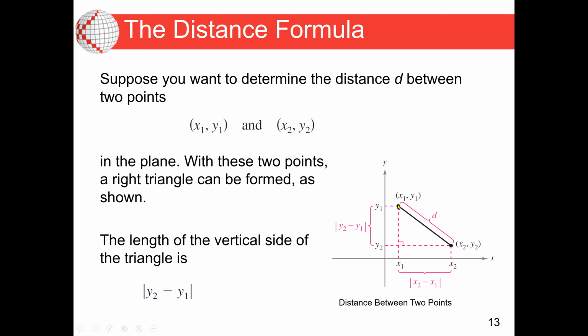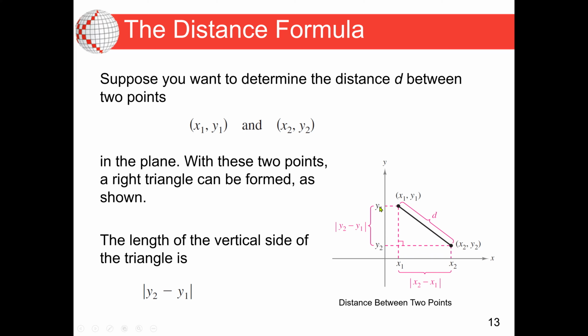So as we can see, first we plot our 2 points. The 2 points have values x1, y1, x2, y2. We want to find the distance between them. In order to do this, we come up with a right triangle. Now, what is the distance from x2 to x1? It will be the difference of x2 and x1.